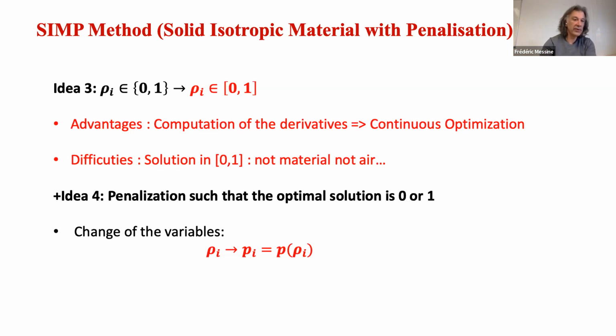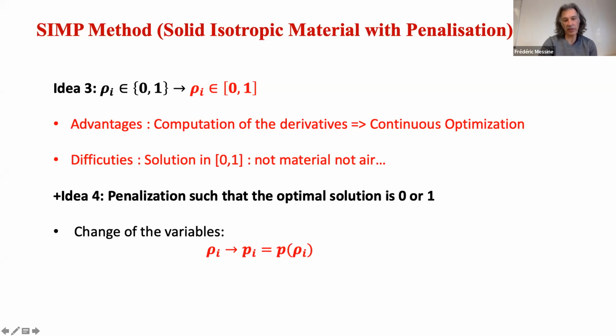The difficulty is that the solution will now be a real value in [0, 1], and not material or air. So you have to deal with this. So we had another idea: to penalize the solution if it is not 0 or 1 for a material point.